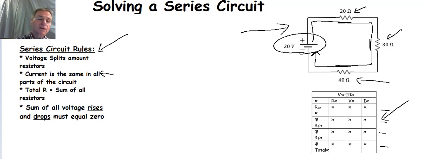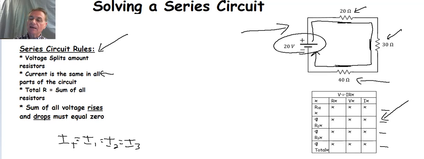I total, once we figure out I total, is equal to I1, the current through the 20 ohm resistor, I2, the current through the 30 ohm resistor, and I3, the current through the 40 ohm resistor. So the current is always the same in a series circuit.